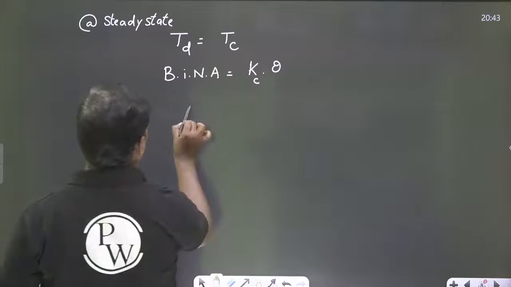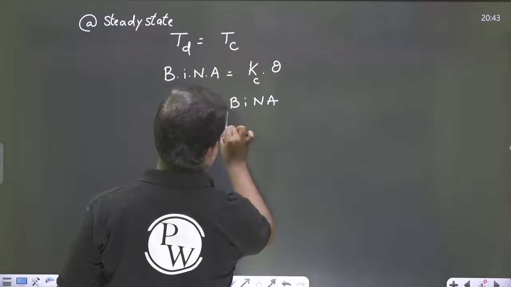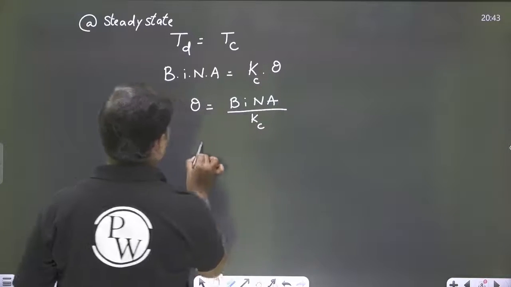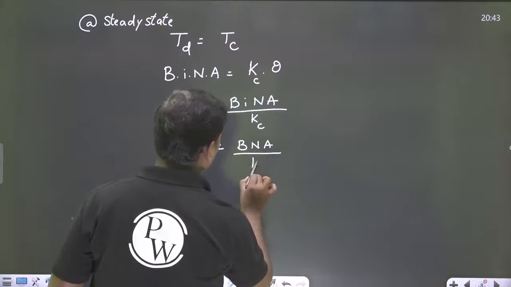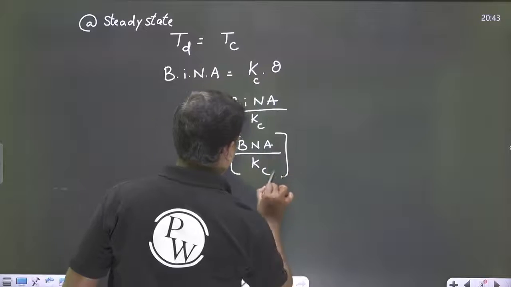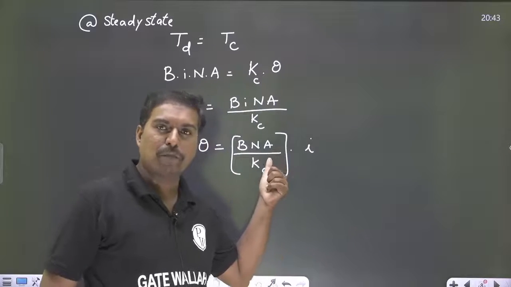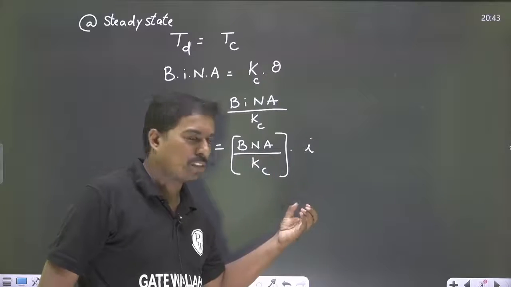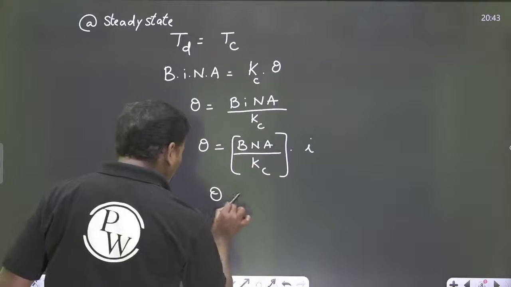So if I write theta, theta is equal to BNA by Kc into I, where B is a constant magnetic flux density, N is a constant number of turns, area of cross section is a constant, and spring constant Kc. So then theta is proportional to I, we can say.